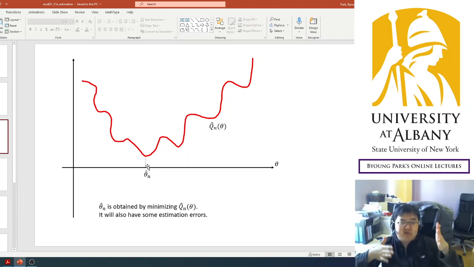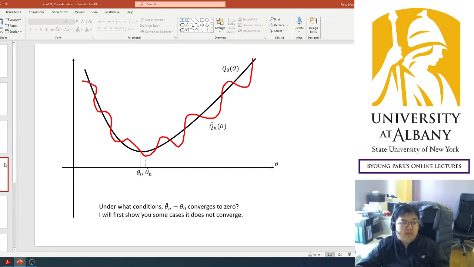So the minimum is here, but the true minimum is here. This much difference, the difference between theta 0 and theta hat, is coming from the estimation error in q hat. So now we would like to study under what conditions the estimator is consistent, or the difference between these two minimizers approaches 0.